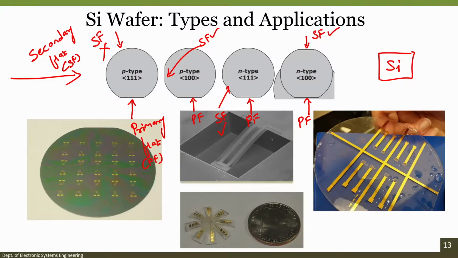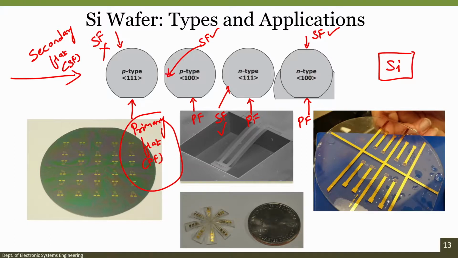Now, if the wafer is p type 111, there will be only primary flat and no secondary flat. If the wafer is p type 100, there will be secondary flat at 90 degree with respect to primary flat, right.